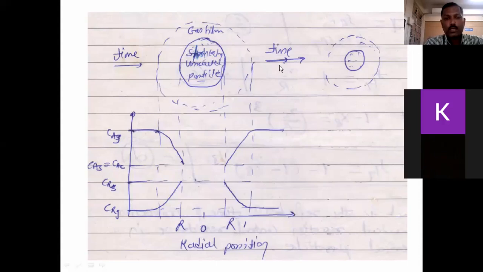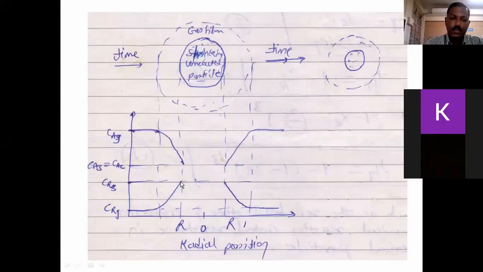Note this: that is the concentration of A on the surface of the solid, or on the unreacted core particle, CAS equal to CAC. Whatever product is formed here, suppose A goes to R, R is the product, and the concentration of R measured at the surface is CRS.